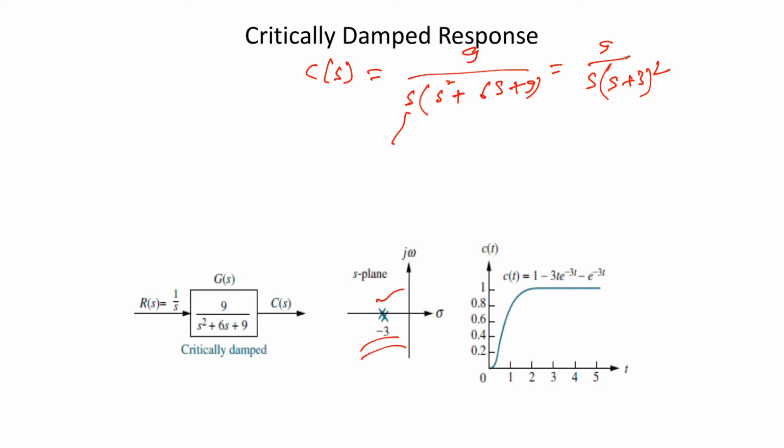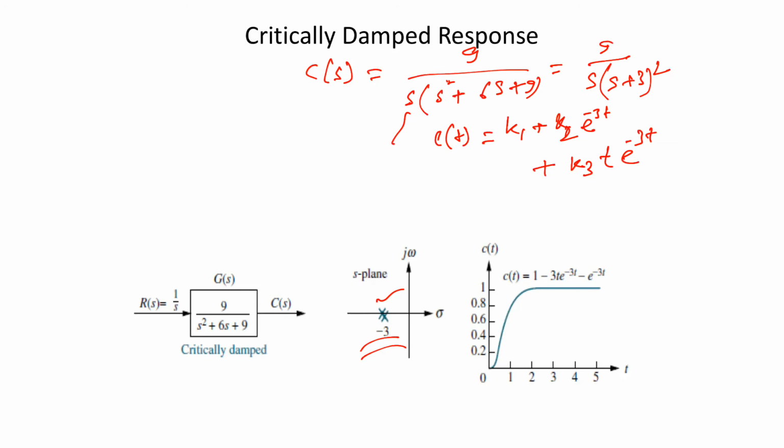Hence, in this case, the response would be like that: c(t) equals k1 plus k2 e to the minus 3t plus k3 t e to the minus 3t.